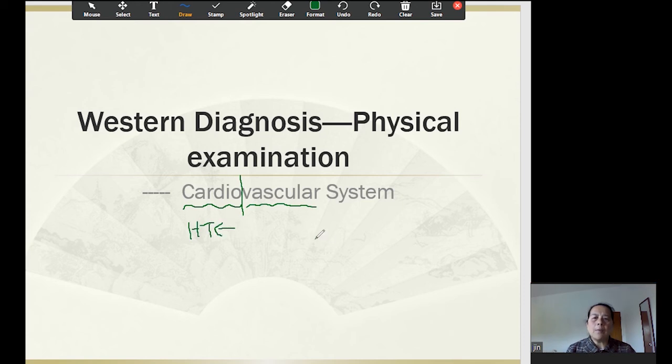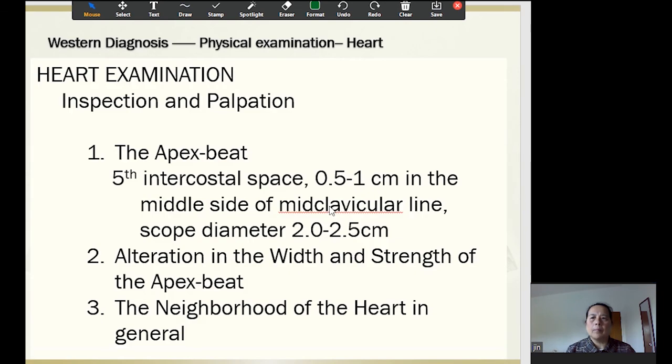We have a later chapter where we check blood vessel disorders. So for heart examinations, we still do inspection and palpation. We put these two parts together because something we can see, we can also feel.